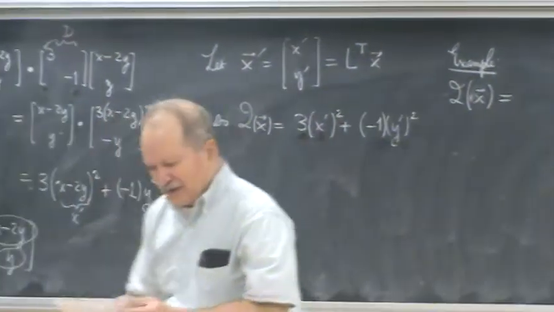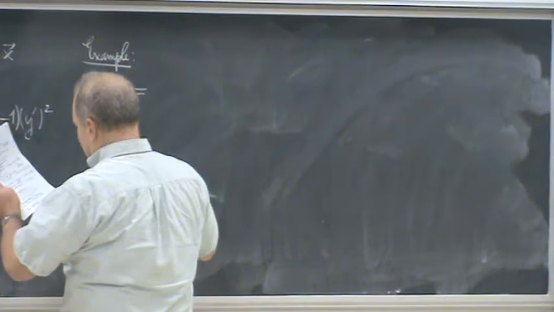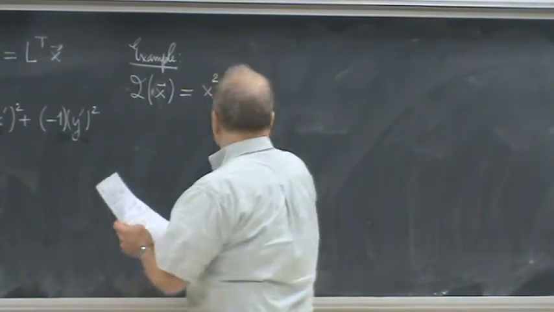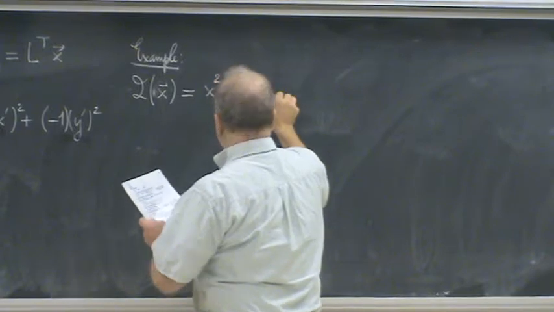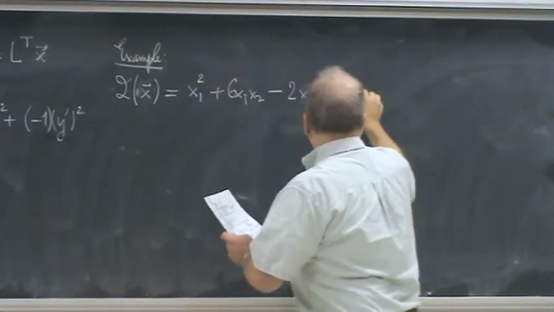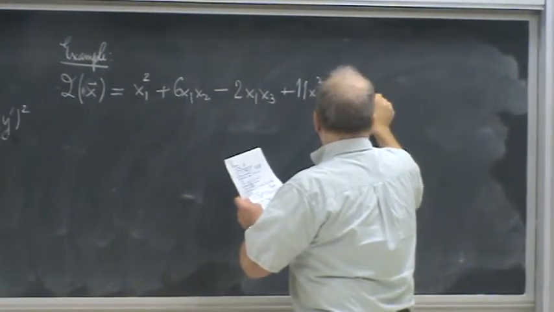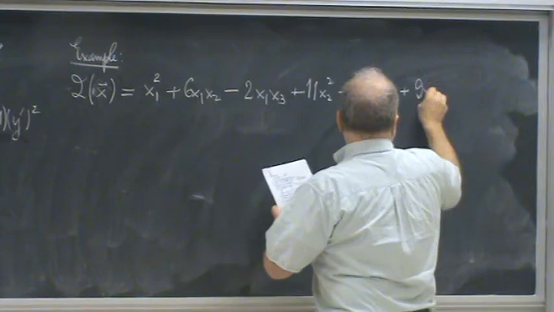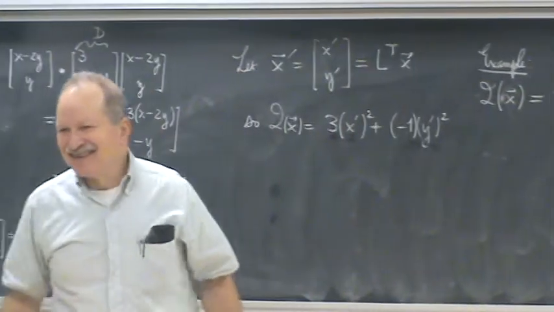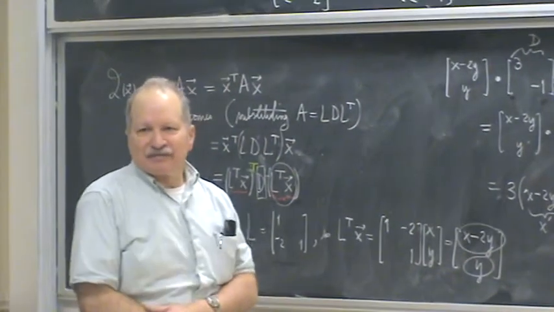Instead of writing x, y, z, I'll use subscripts: x1 squared plus 6x1x2 minus 2x1x3 plus 11x2 squared plus 2x2x3 plus 9x3 squared. So there's a nice, simple quadratic function.